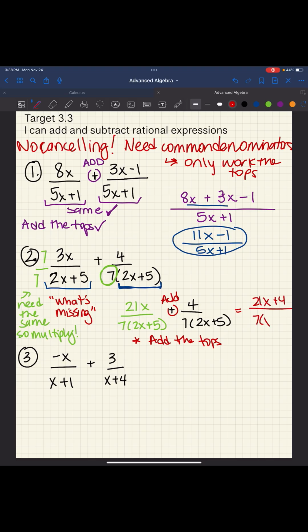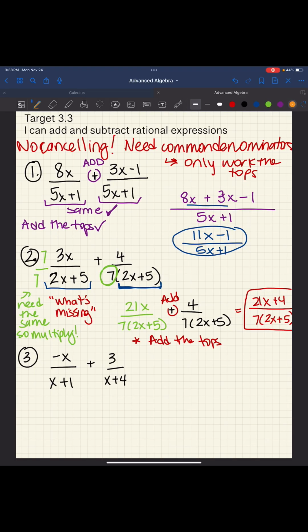And don't forget your 2 in there. That is the final answer for number 2. A little bit more work because we had to get common denominators. But again, we weren't able to talk about the same ratio of pizza being eaten because they didn't have identical bottoms. And because they didn't have identical bottoms, we had to do a little bit of thinking to go, who truly ate more pizza?